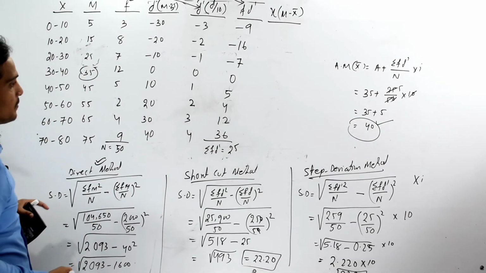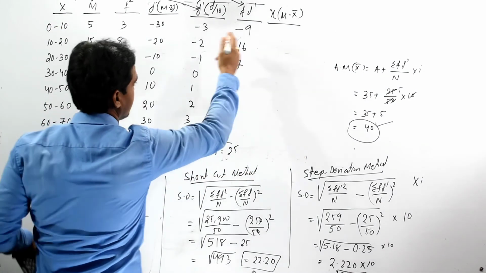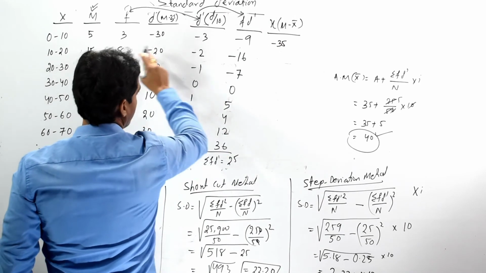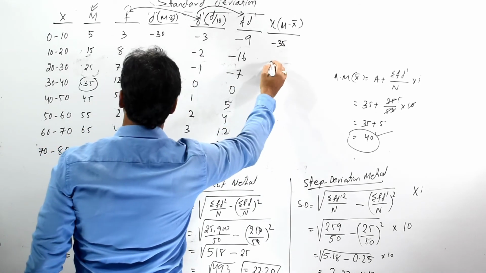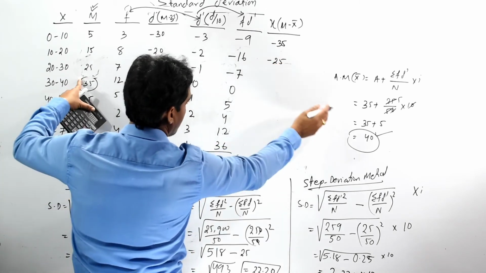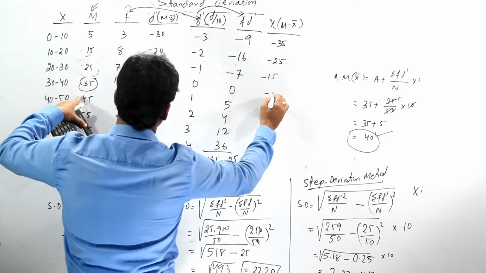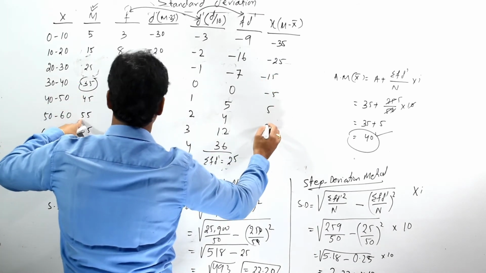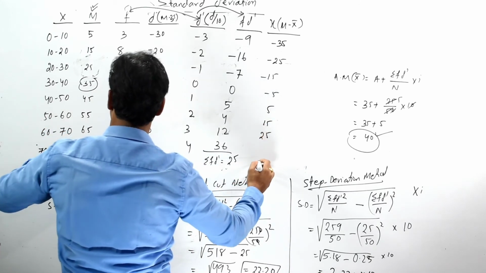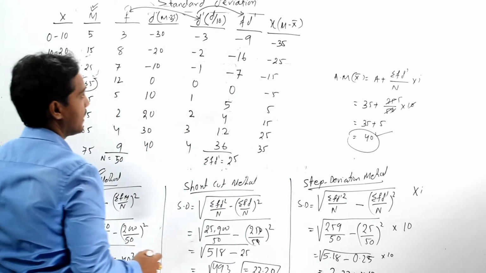So our arithmetic mean is 40, so m minus 40, that is 5 minus 40 equals minus 35, then 15 minus 40 is minus 25, then 25 minus 40, that is minus 15, minus 5, then 5, 15, 65 minus 40 is 25, 75 minus 40 is 35.